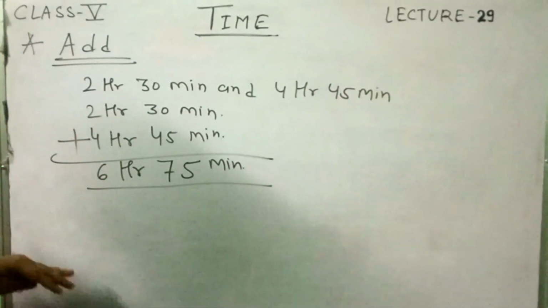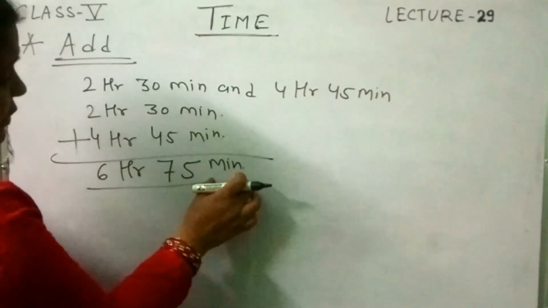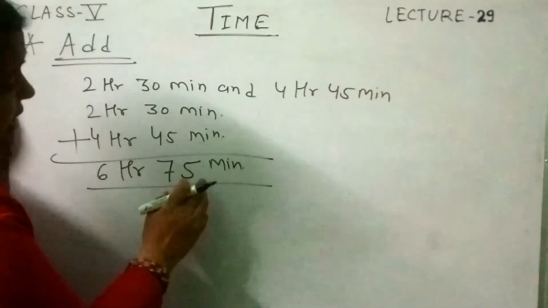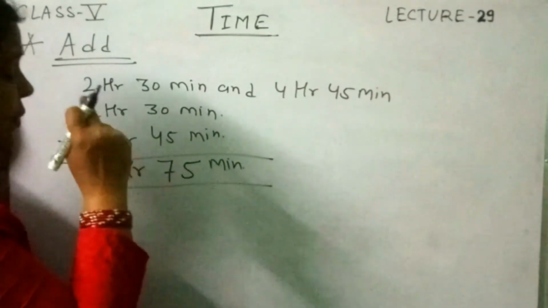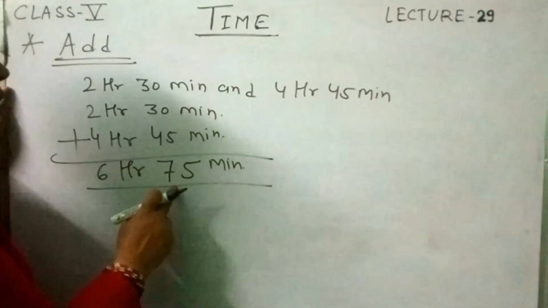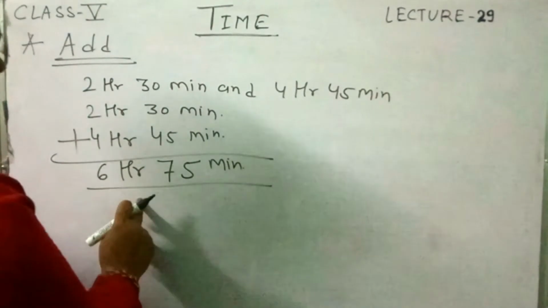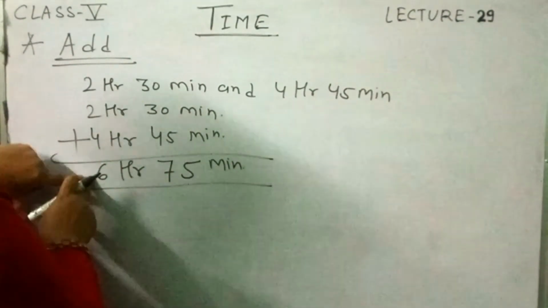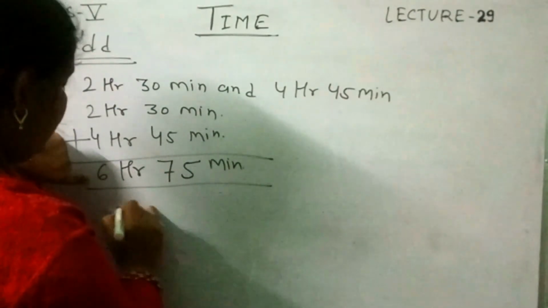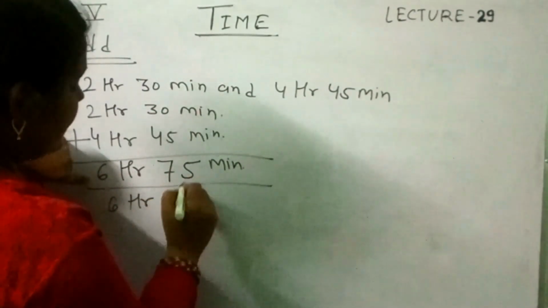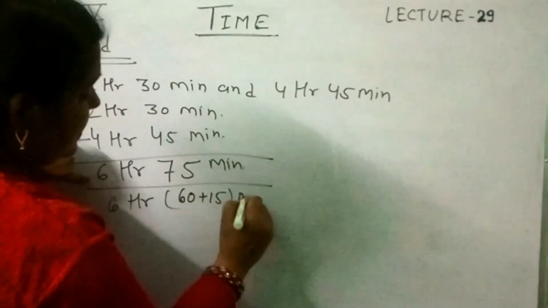And after then see. Here 2 terms are given, hour and minute. If minute is equal to 60 or more than 60, then you have to give 1 hour to the hour number. See here, 75 minutes. Can you write here 6 hour? And this one is 60 plus 15. Yes or no?